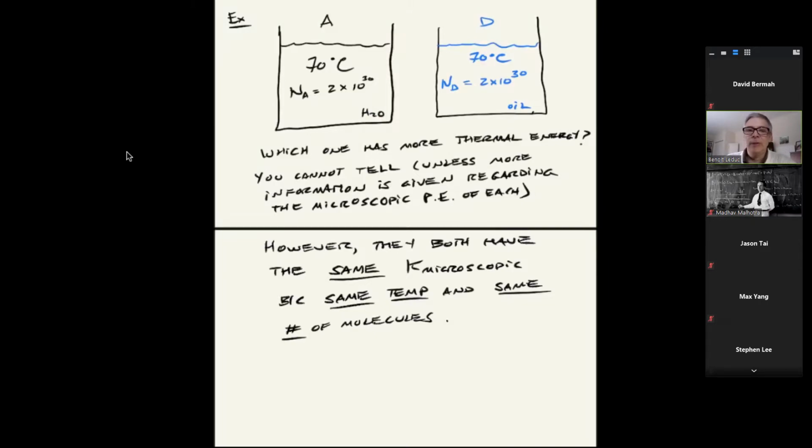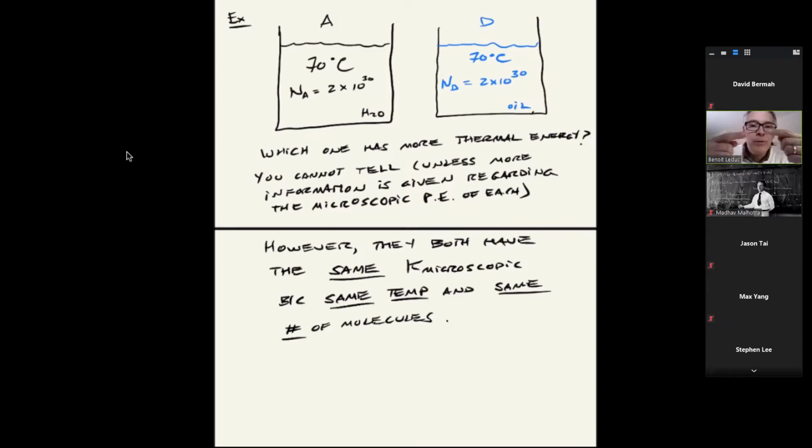Once again, thermal energy is microscopic kinetic energy plus microscopic potential energy. Microscopic potential energy depends also on the number of particles. If you have a little bit of dynamite compared to a lot of dynamite, of course the bigger dynamite has more microscopic potential energy, more chemical potential energy than the small piece, right?